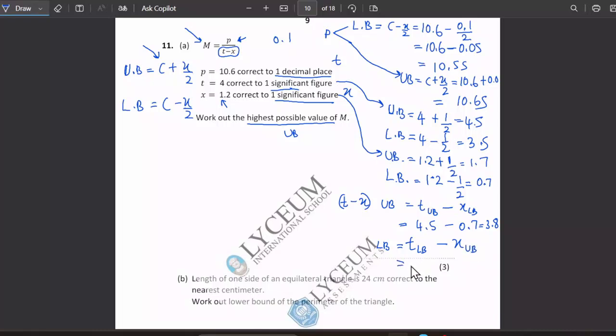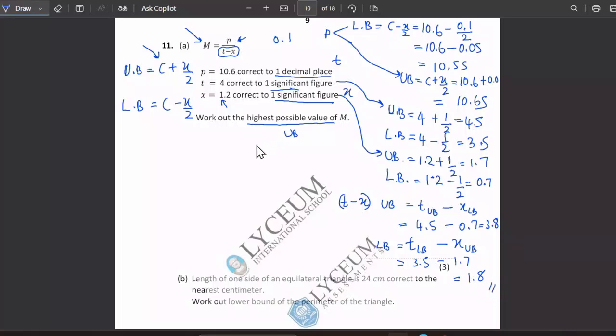T lower bound is 3.5. X upper bound is 1.7. Okay, then we get 2.8 minus 1, 1.8. That's the value we get.